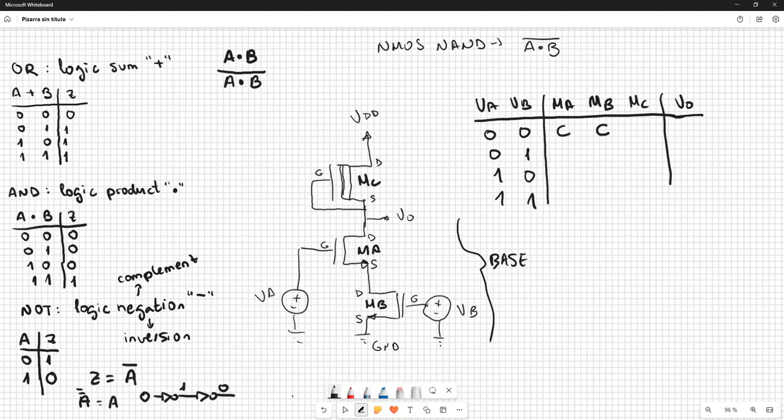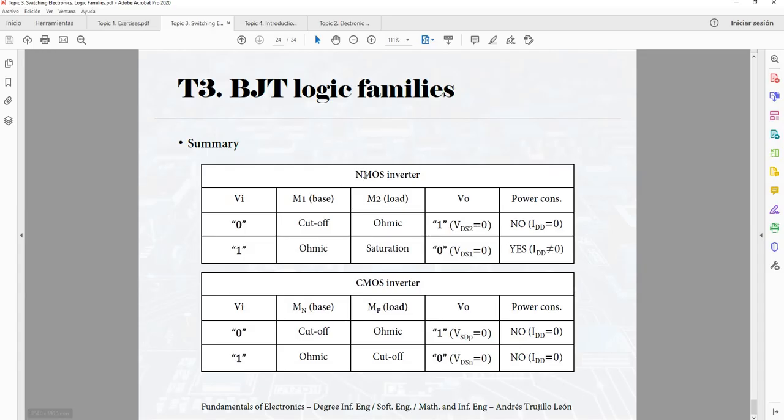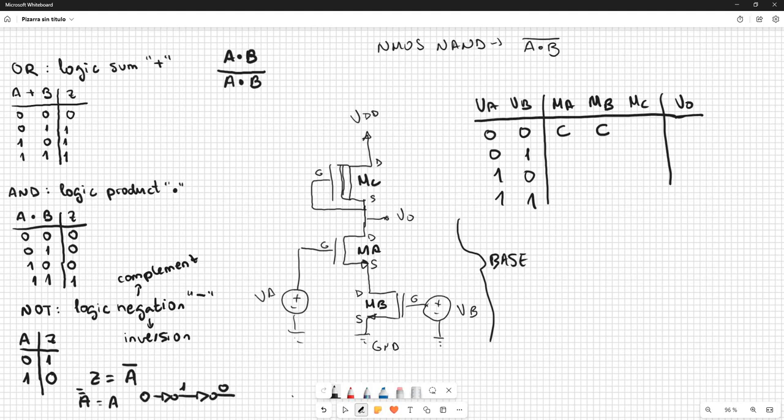So when the base is in cutoff, we are going to look at the table in the NMOS case. In the NMOS case, when the base is in cutoff, the load part is in ohmic. So this is going to be in ohmic. What happens here? That the output is going to be 1.